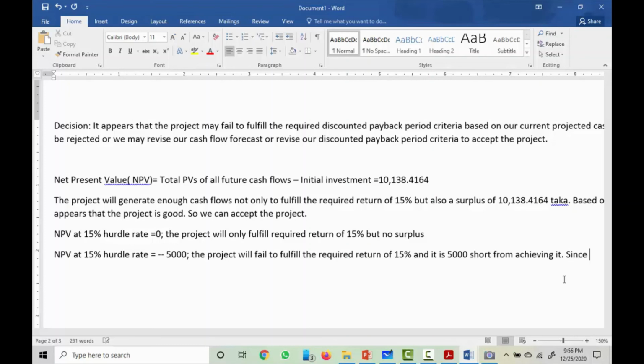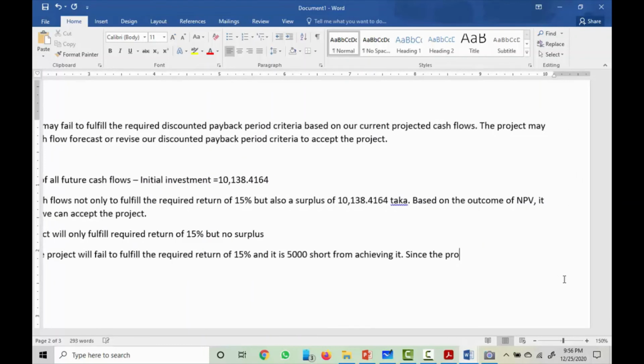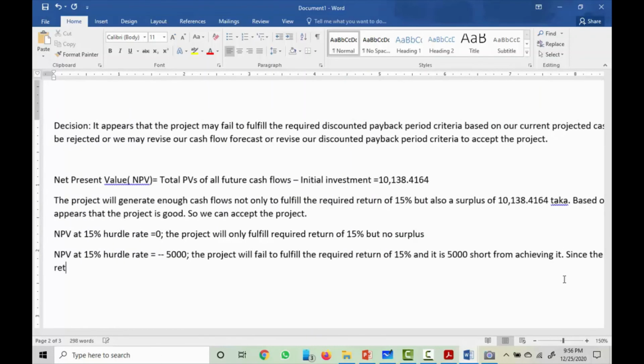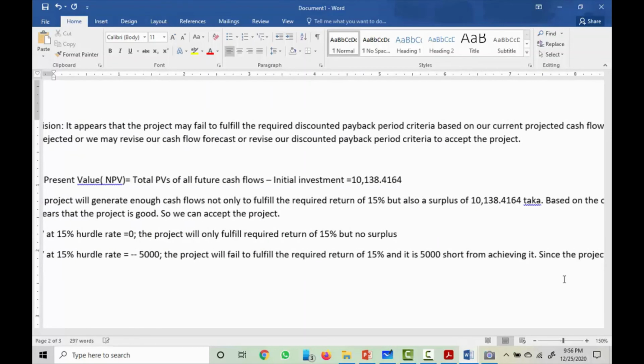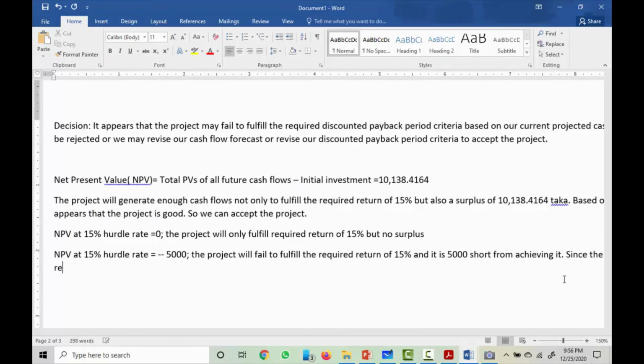Since the project failed to fulfill our required return, we may reject the project, or we may not accept the project.